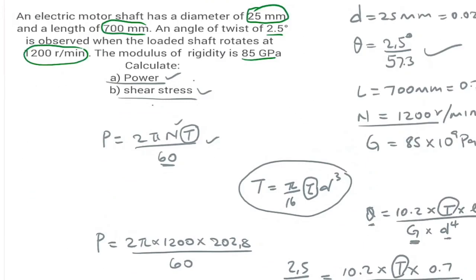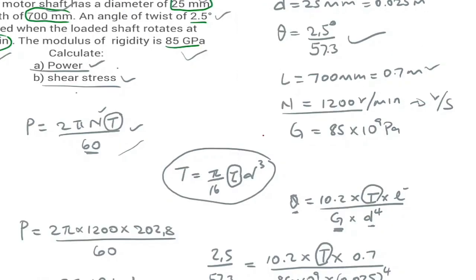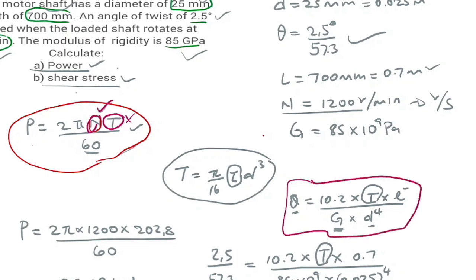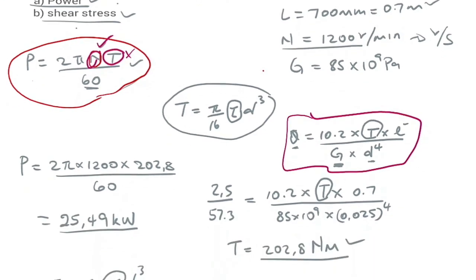Here we're given all these: the diameter, the length, the rotational speed, the modulus of rigidity, and also the angle of twist to calculate this power. Then the formula to calculate power, here it is. To calculate the power, you will need the rotational speed and the torque. Because we have the rotational speed but we don't have the torque, we have calculated the torque from the angle of twist formula.